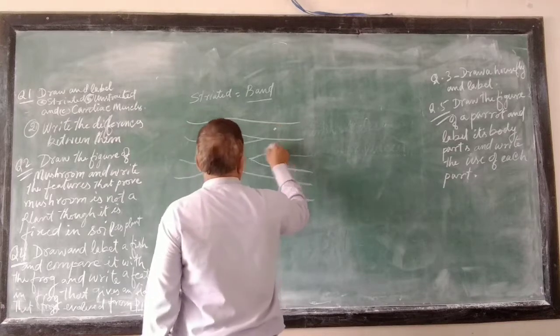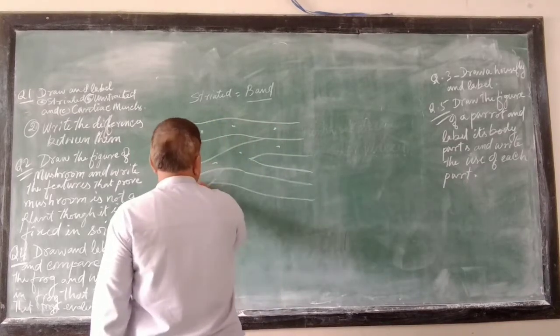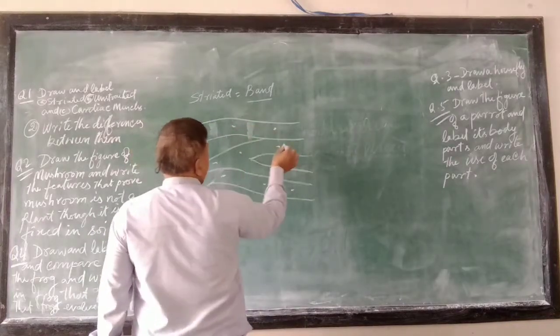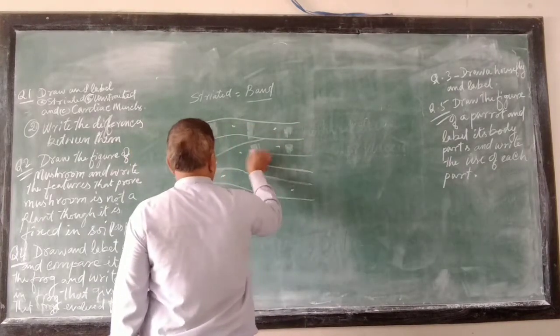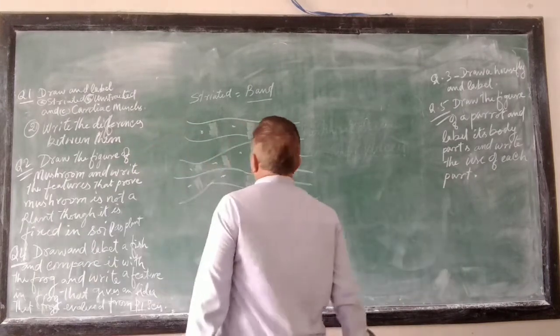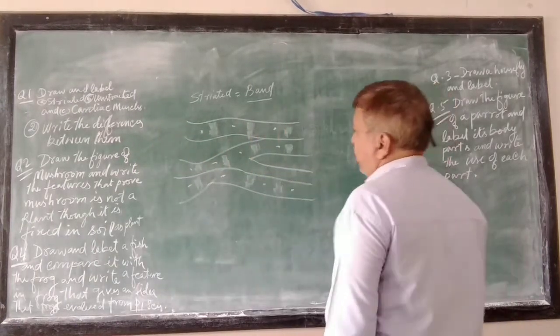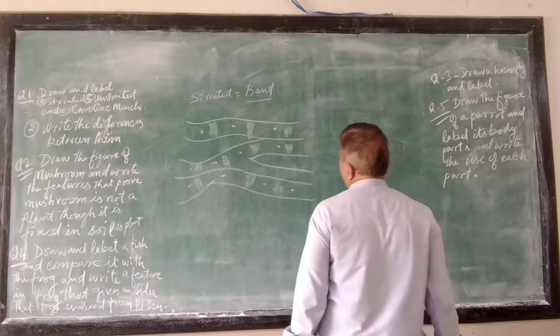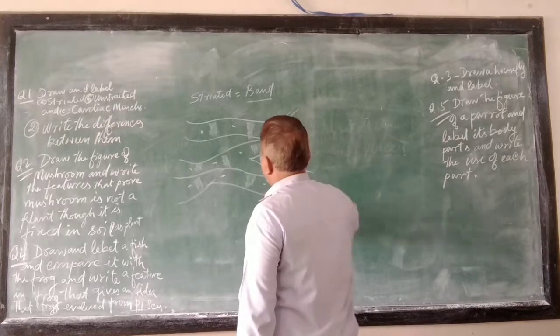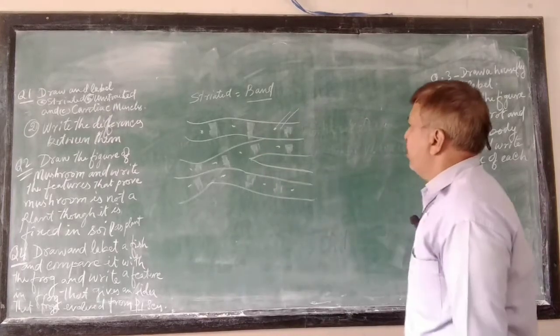So, you will see in these muscles they have the bands or striations. Clear? So, this way striated muscles, and you have to label this part, nucleus, bands, like that you have to label the parts.